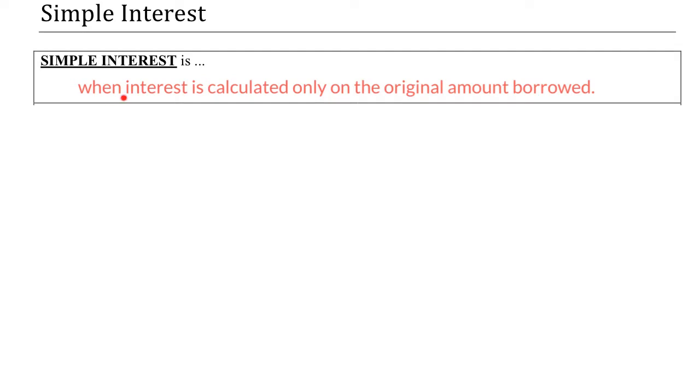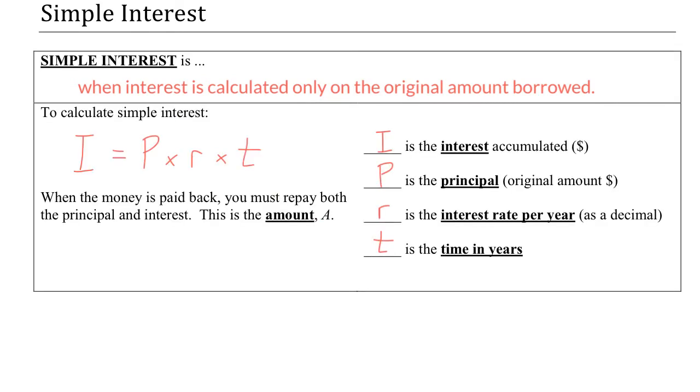Simple interest is when interest is calculated only on the original amount borrowed. This is different than compound interest, and we'll get into the differences between those in the next few lessons. So to calculate simple interest, there's a formula. I equals P times R times T. Now all those letters mean something.